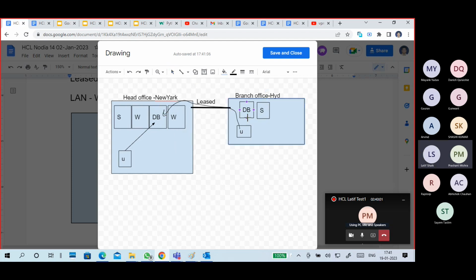I want to synchronize data between these devices. How to do it? You can pass the data through this.